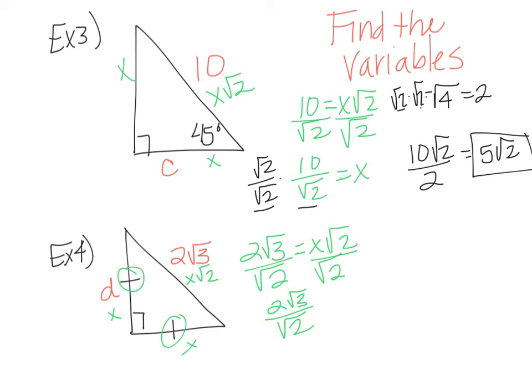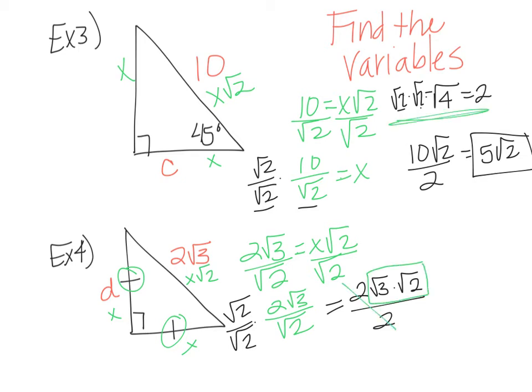We're going to multiply on the top and the bottom by the square root of 2 over the square root of 2. And that gives us 2 times the square root of 3 times the square root of 2, over 2. These cancel, and these guys, just like I did up here, equal the square root of 6. When you multiply square roots, you just multiply the numbers that are underneath. So D is the square root of 6.